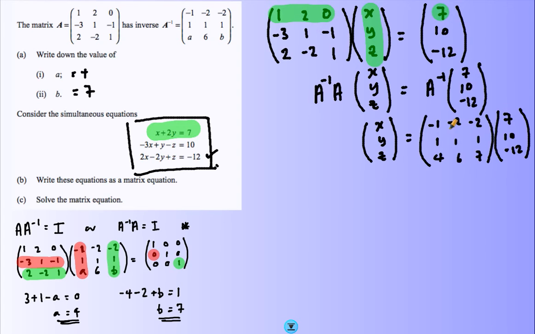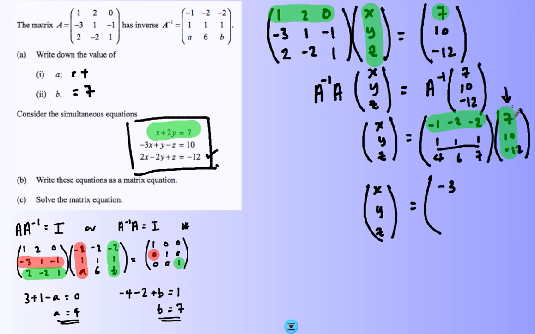And same deal. Row onto column, off we go, and we'll get 3 numbers. So x, y, z. First row, minus 7, minus 20, plus 24, minus 3. You can check that.